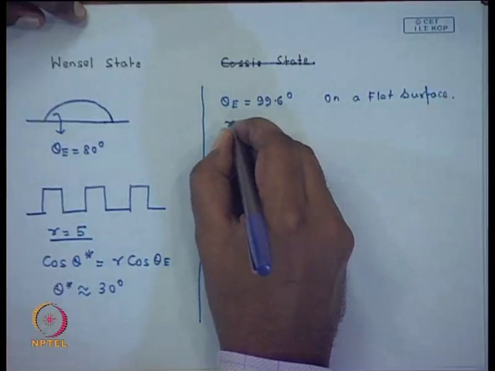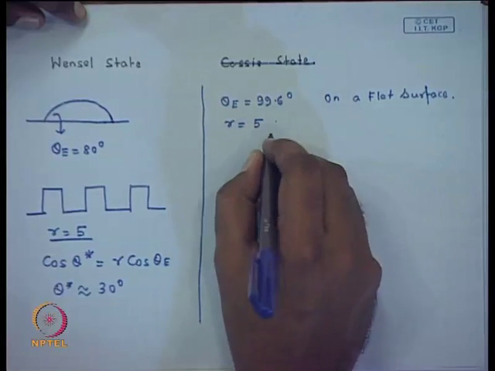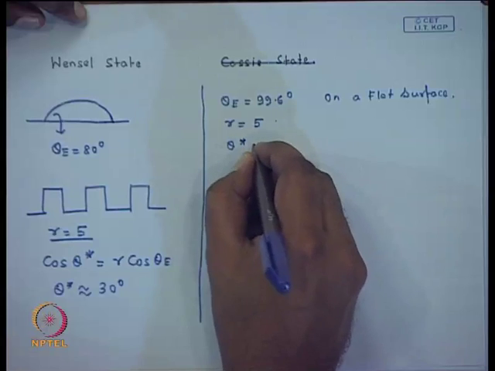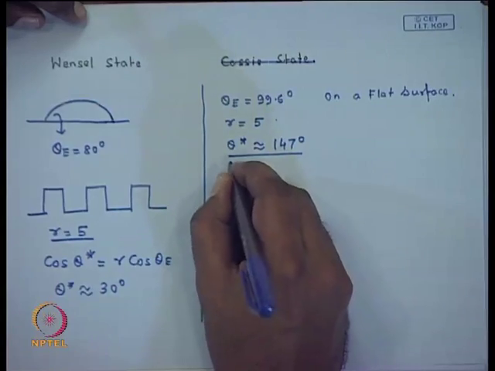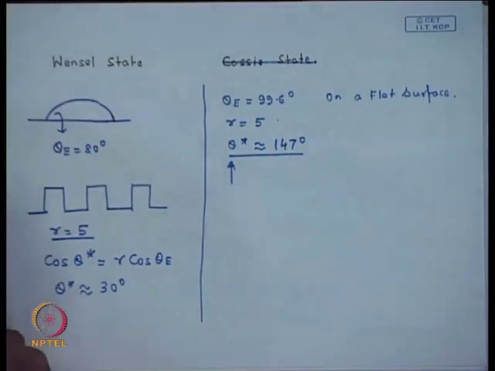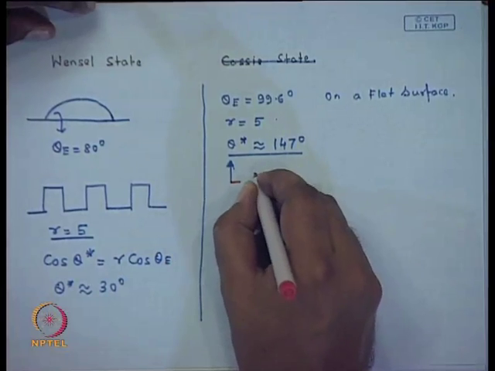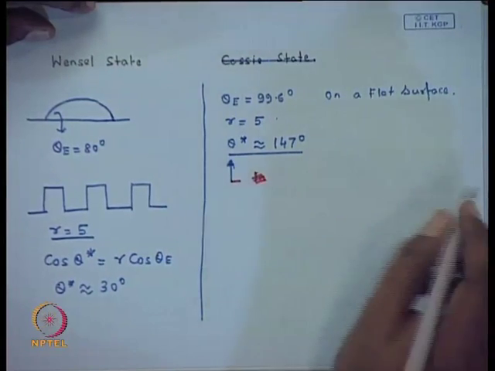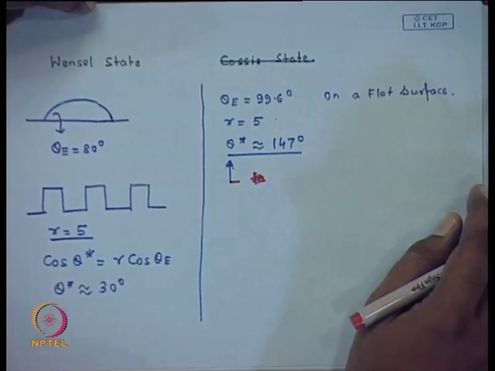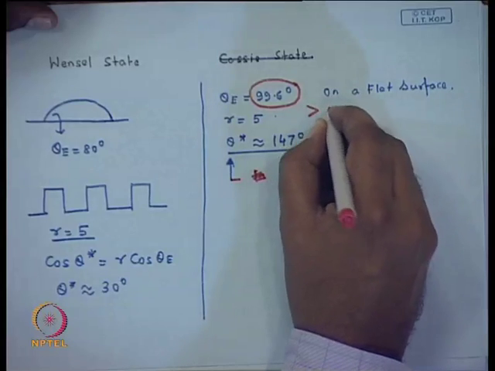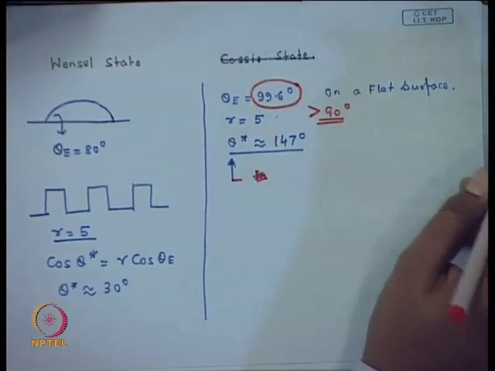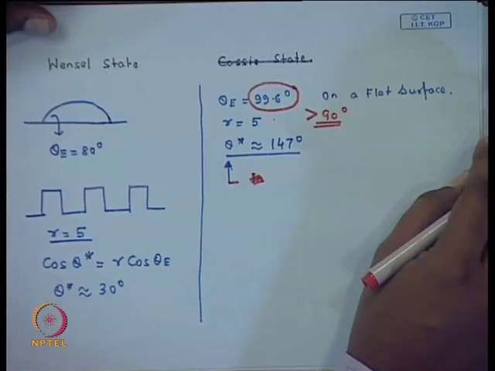Now, for the same roughness, you can calculate that theta star turns out to be around 147 degrees. So, you can see numerically that in the Wenzel state, an enhancement of the equilibrium contact angle is possible only when your initial equilibrium contact angle is higher than 90 degrees. So, if the liquid is water, you can achieve a higher contact angle only when the surface is hydrophobic.